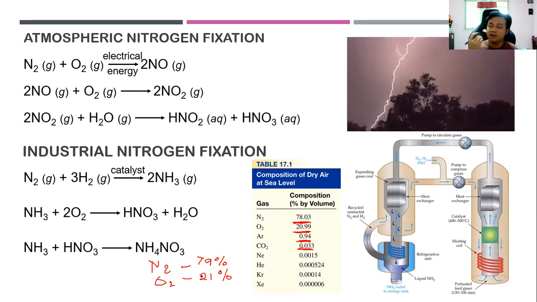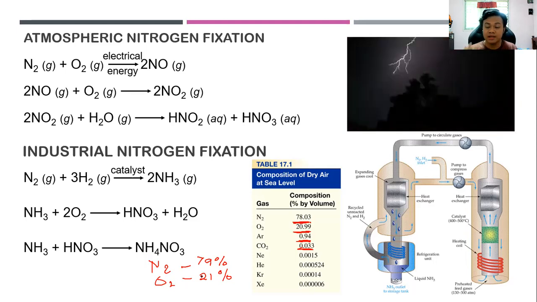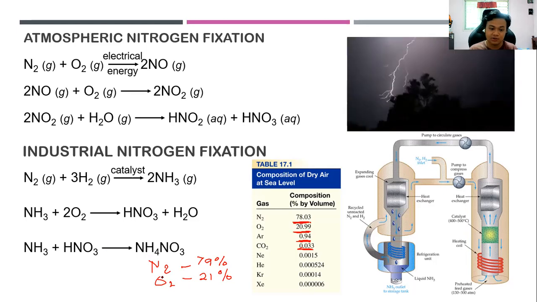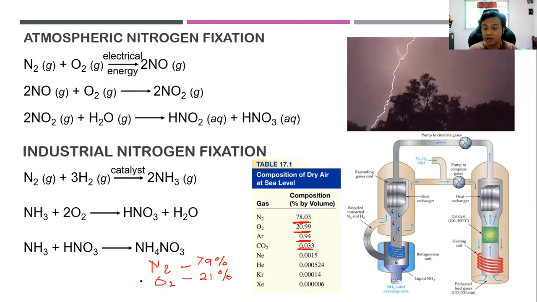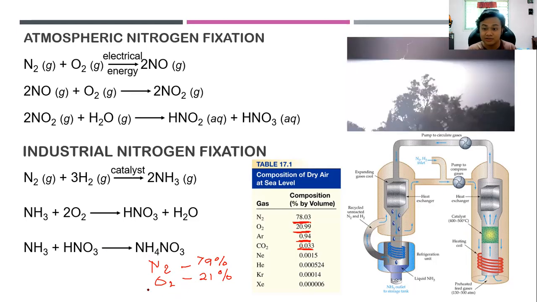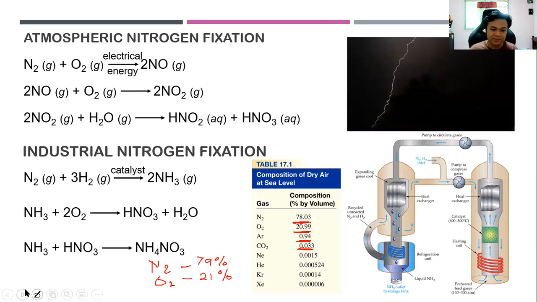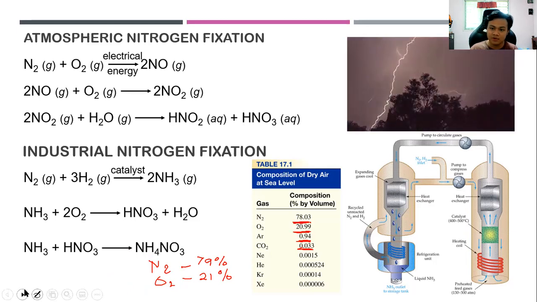It may not be important to you now, but next year, in your calculations, this is a really handy piece of information for you to solve problems in the future. Okay, so let's move on.